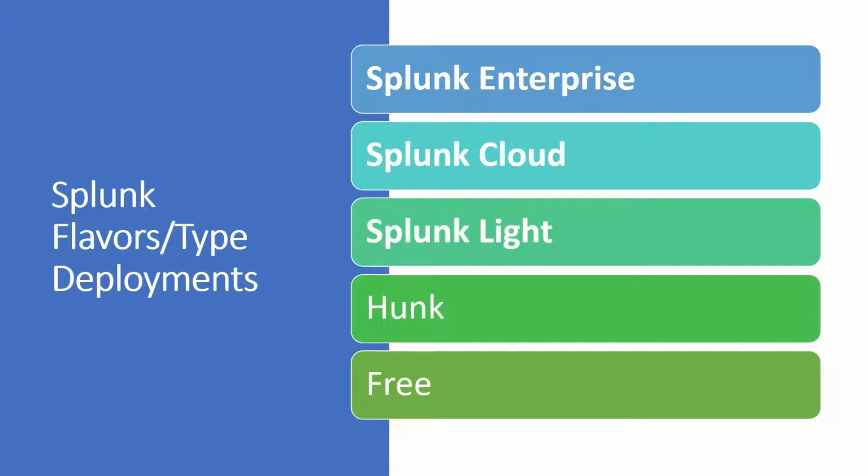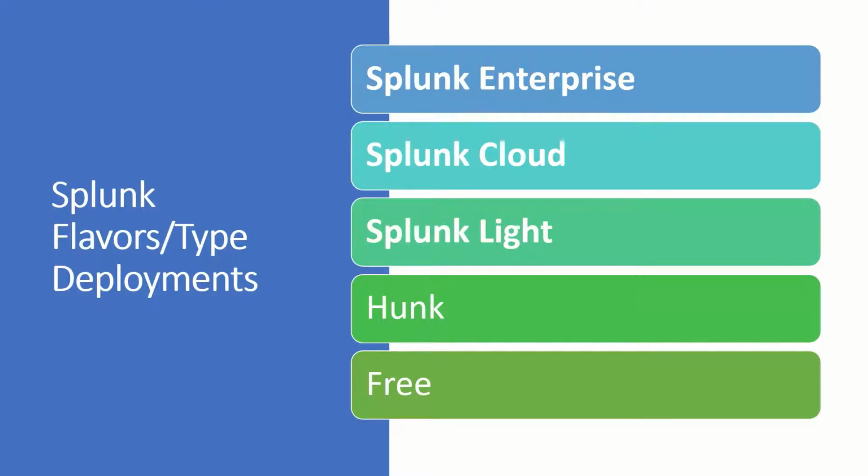Next one is Hunk, and Hunk is generally used for a big data environment, a large environment where you can install Hunk and use it. The free version is generally used for POC, and it has a 60 day free trial where you can ingest 500 MB data per day.